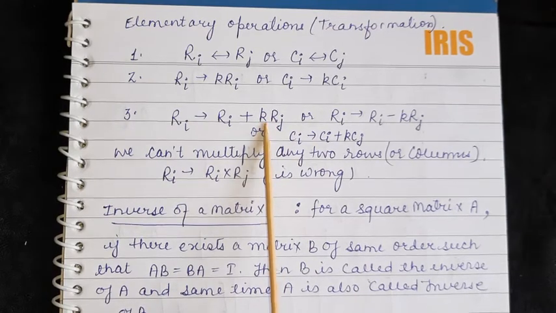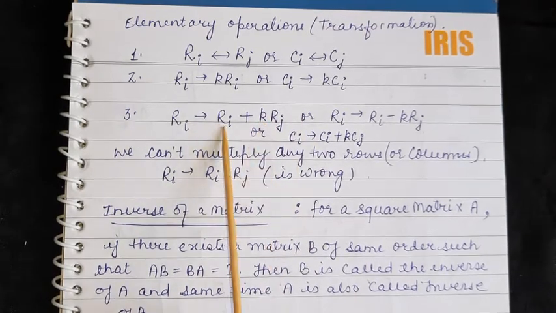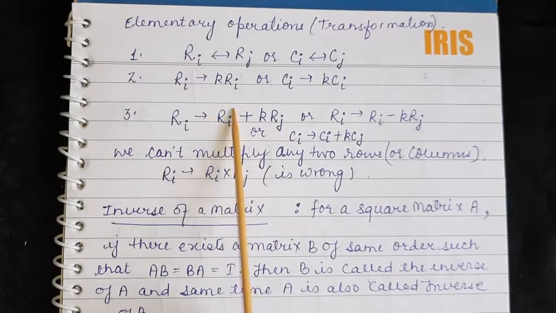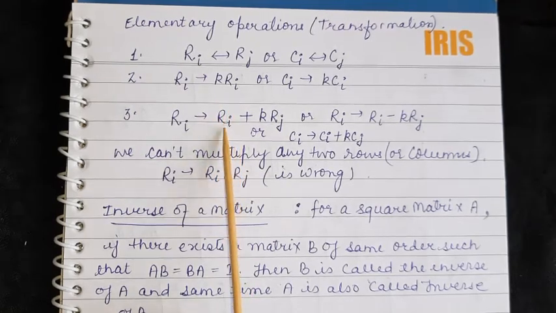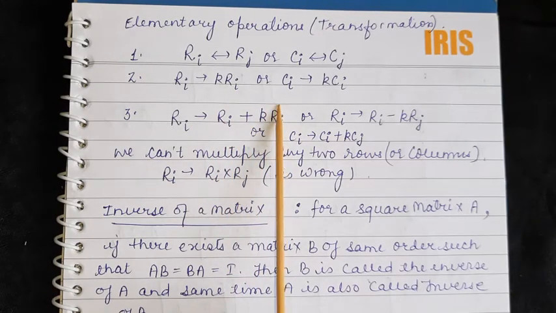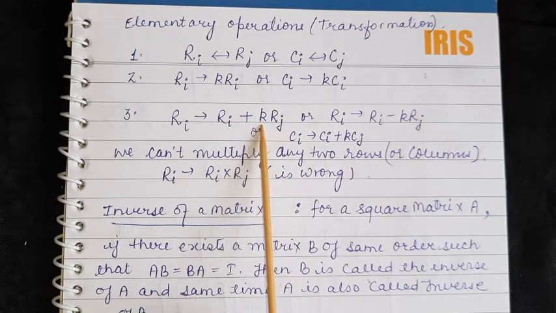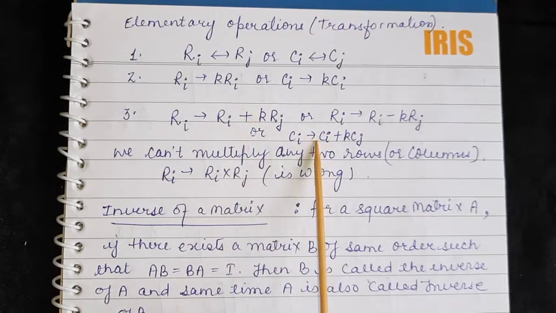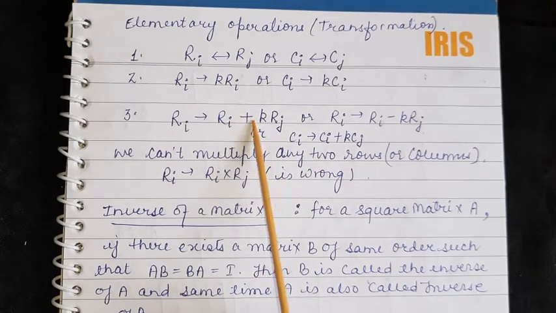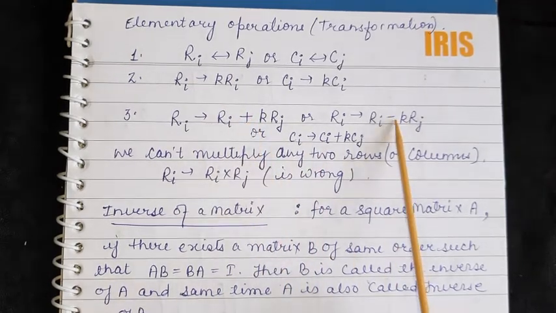So see it once again, the addition to the elements of any row, like we are taking Ri here, the corresponding elements of any other row. So we are taking any other row as Rj here, multiplied by a non-zero number k. So this is your next elementary operation, and the same elementary operation you can apply to columns also. And it's not essential that we have to take plus, we can also take minus here.